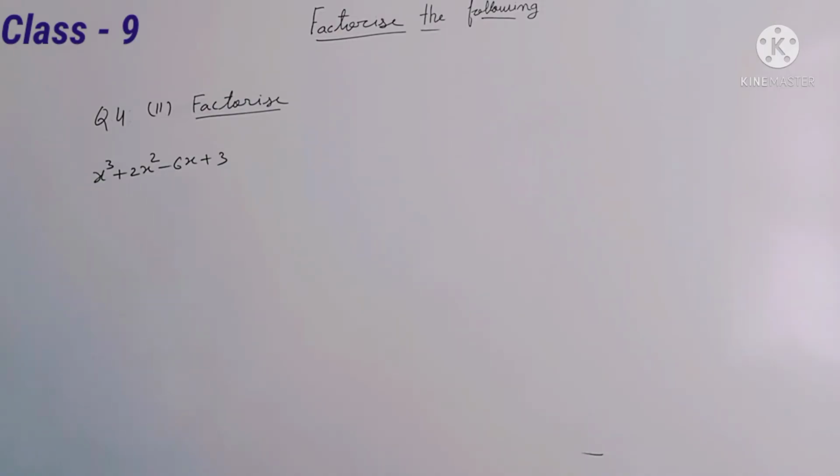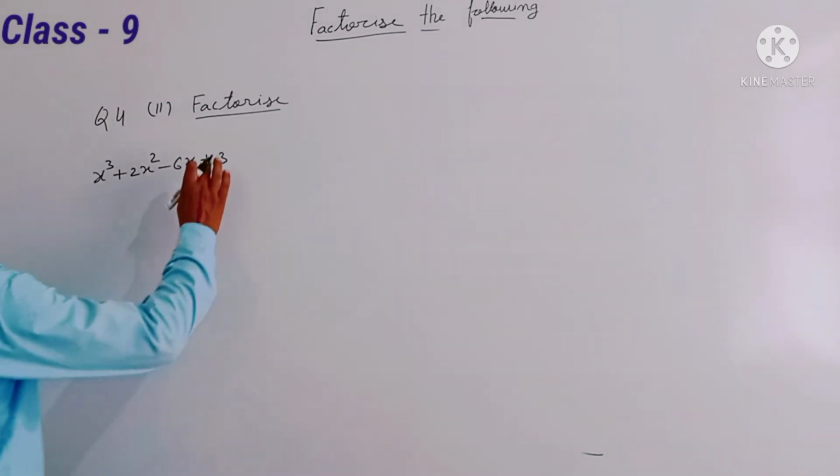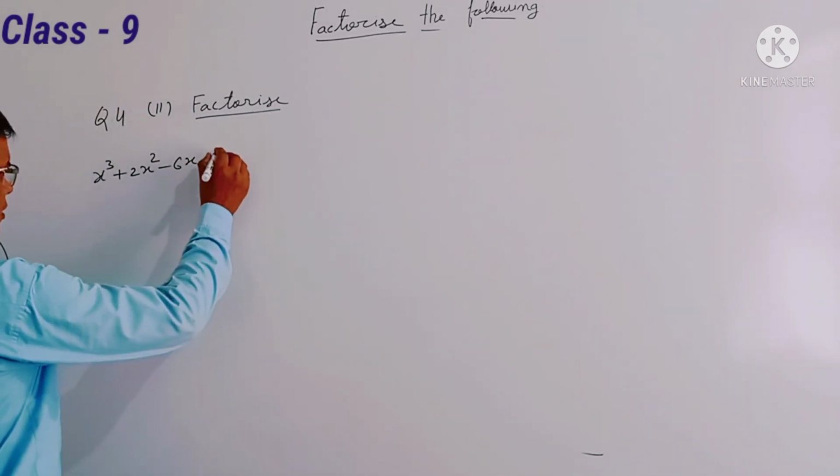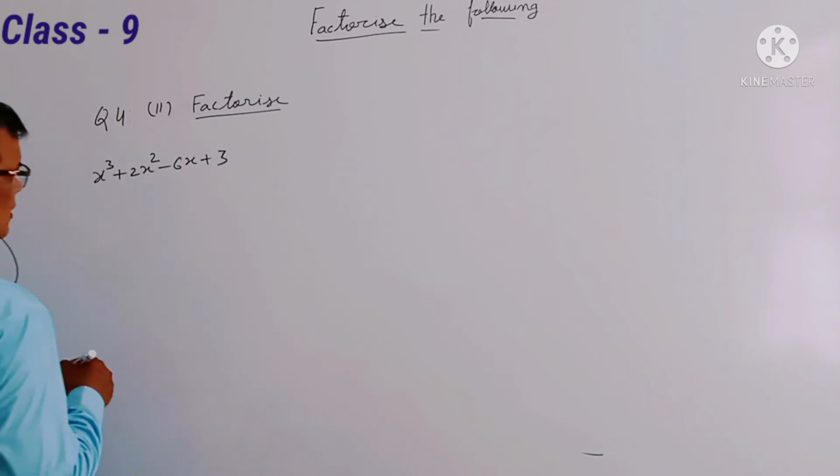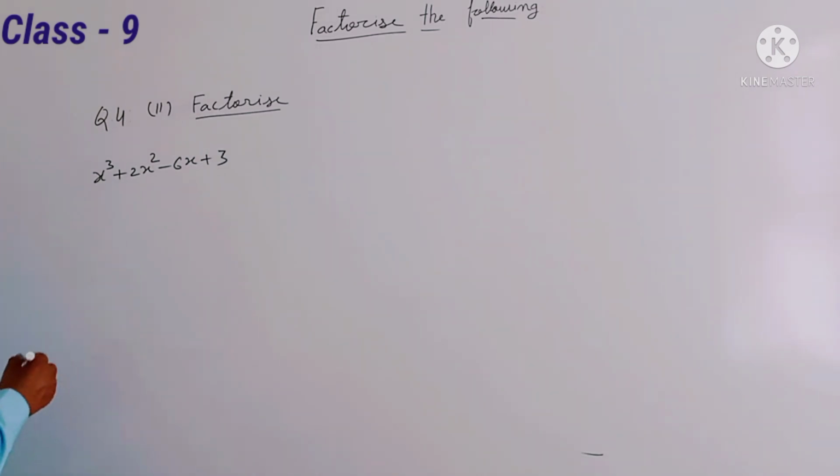Now we are going to solve the next question. It is also by using the remainder theorem, or in Hindi we can say शेष फल प्रमेय. If it is satisfied by any value of the given variable, then that one is a factor of this one.